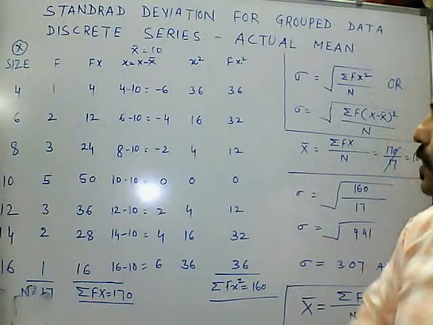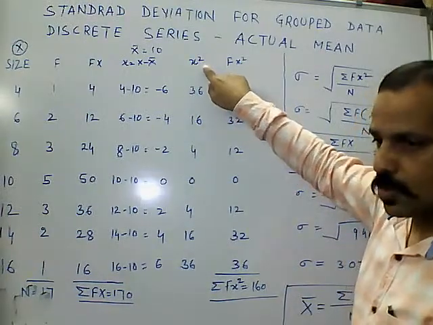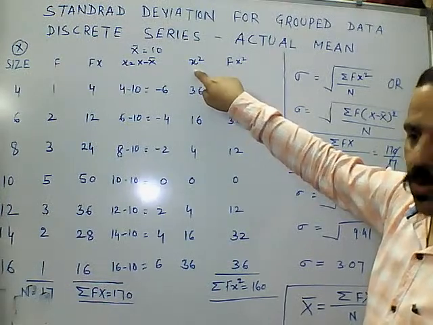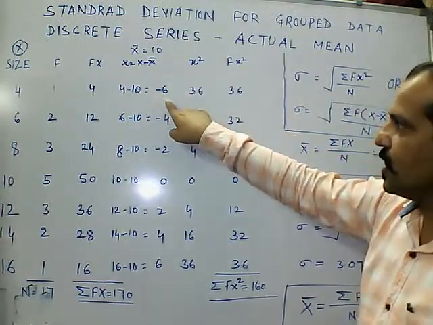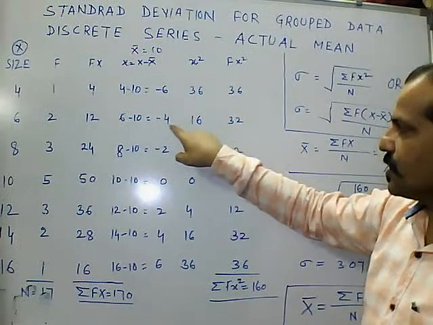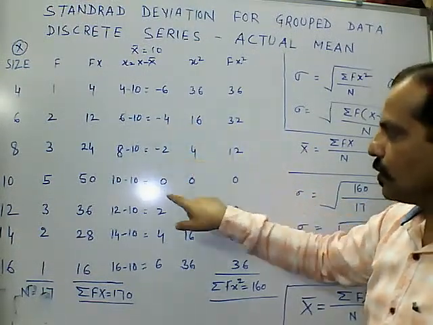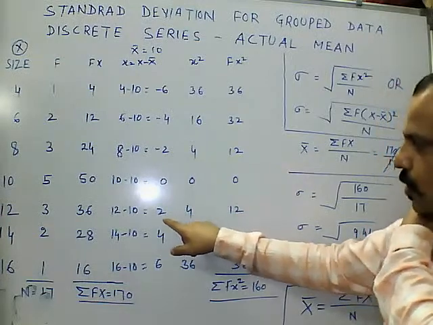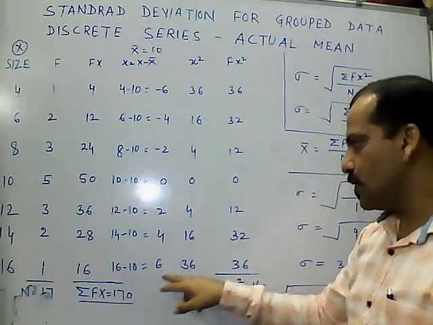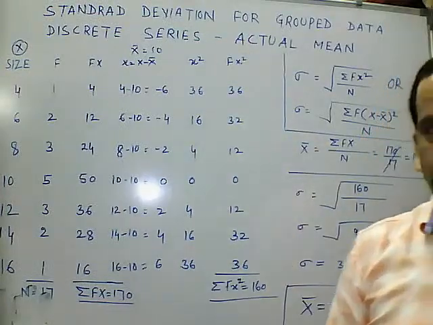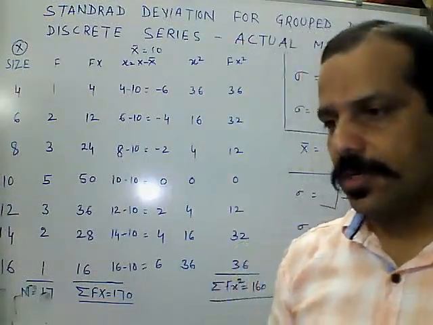Minus 6 squared is 36, minus 4 squared is 16, 2 squared is 4, 0 is 0, 2 squared is 4, 4 squared is 16, and 6 squared is 36. This way you find the square of the deviation.